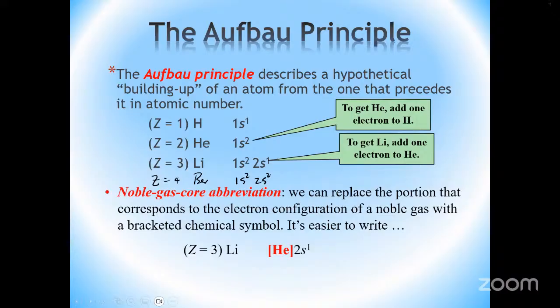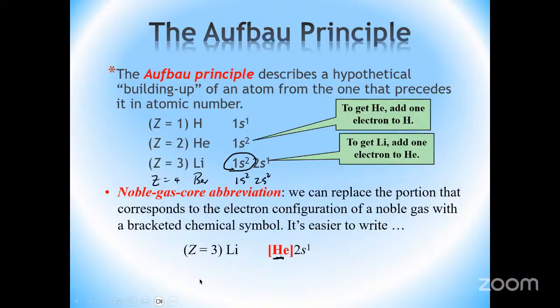Then you look at the part of the electronic configuration which is identical to helium. So in the case of lithium, that would be this part right here. And therefore what you do is replace that part with the symbol of helium written in square parentheses, and then you write down what is remaining, which would be the 2s1, and that would be the abbreviated electron configuration of lithium.